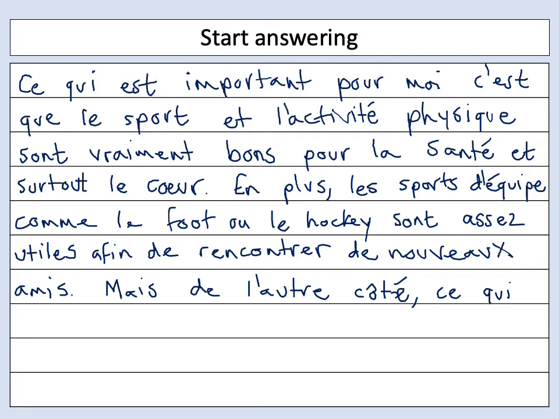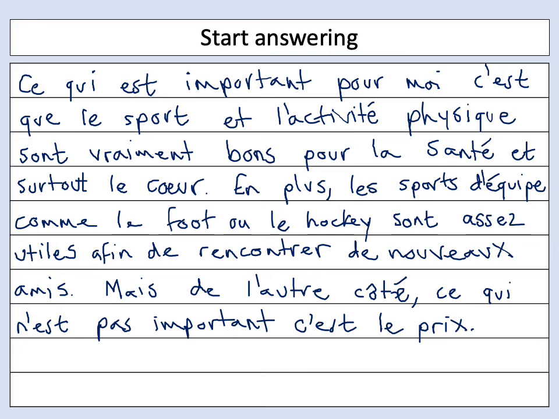So, ce qui, see, we all make little slips, ce qui n'est pas important, and we said we would open this by talking about the cost of things. So, ce qui n'est pas important, c'est le prix, the price. And then I'm going to just do a full stop there because the next bit I'm going to write as a separate sentence with some more justification.